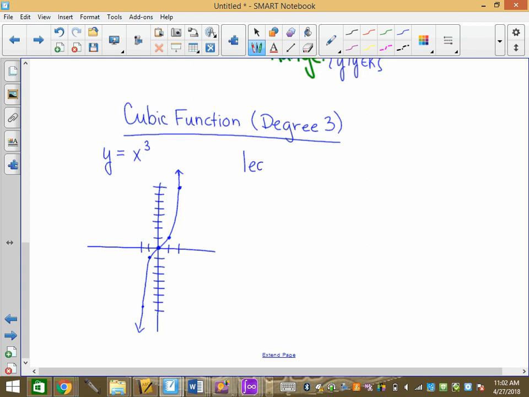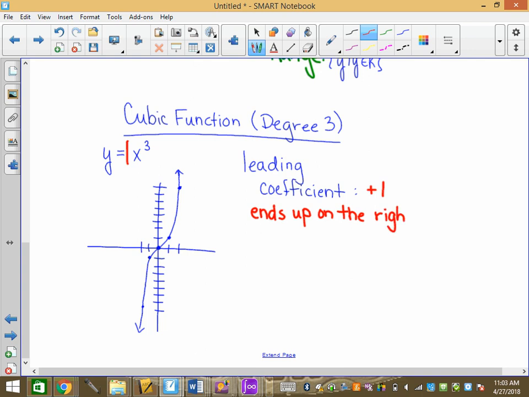What's my leading coefficient? What's the coefficient, the number in front of my largest x? It's just a positive 1. What does that tell us? It ends up on the right.